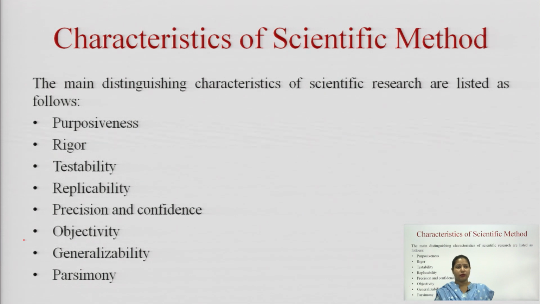The next characteristic is testability. Whatever study we have done, whatever data we have collected, it must be testable. The data you have collected must be in such a way that you can derive some result or analyze that data.